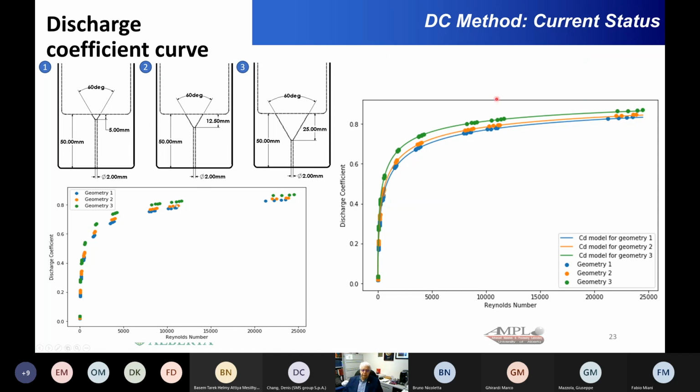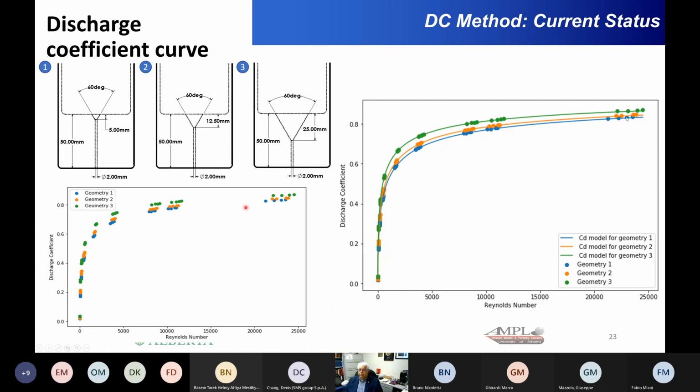And those differences, even though they appear small here, they could affect the prediction of properties to some degree. And so we've put in the parameters of these orifices into the model, as I showed in the previous slide, and compared the prediction of the discharge coefficient with these measured values, which you see here.